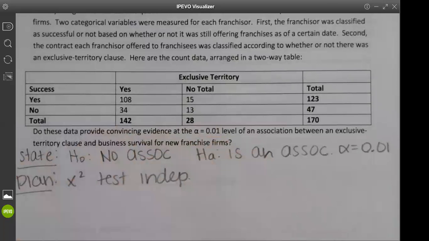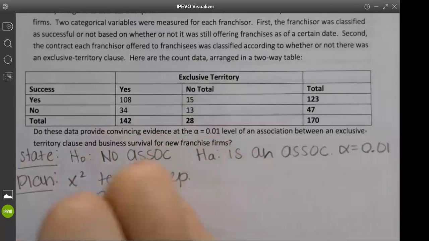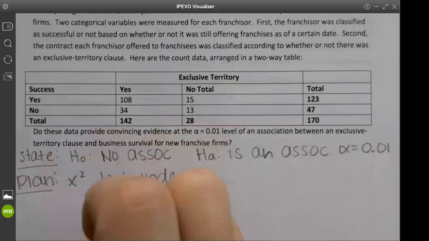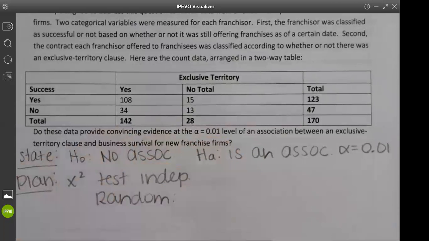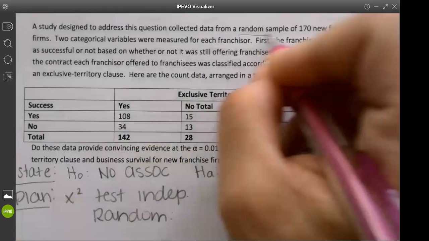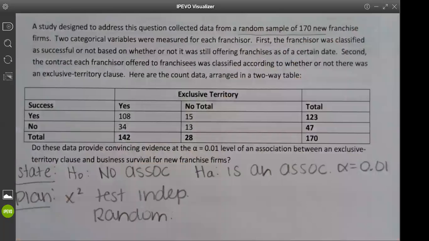We're going to do a chi-square test for independence if everything is met. Is it random? From a random sample of 170 new franchise firms.